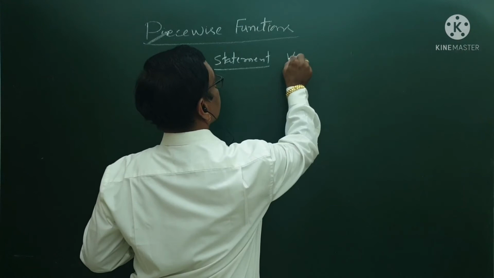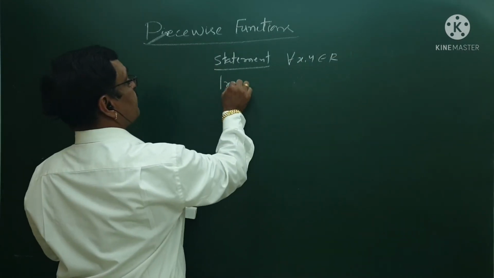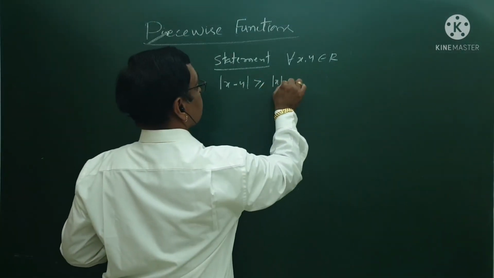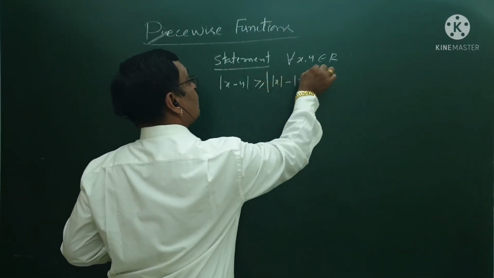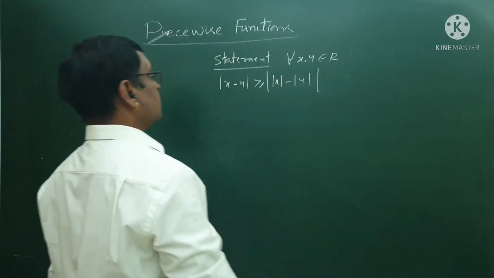For all x, y belongs to R, mod of x minus y is more than or equal to mod x minus mod y, again whole mod. Why? Because both sides are positive. Okay, proof.